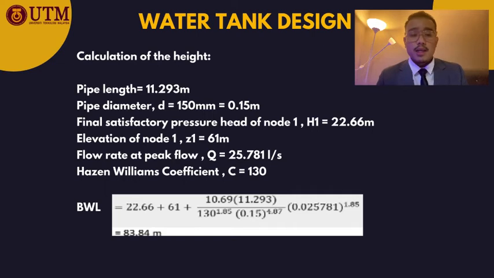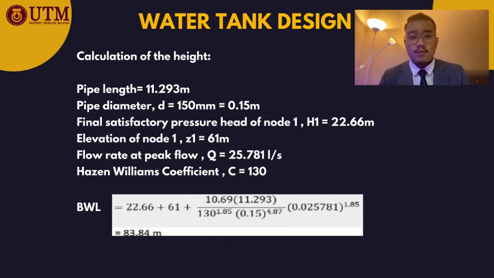Here is the calculation to get the bottom water level. The pipe length is 11.293 meter, the pipe diameter is 0.15 meter, the final satisfactory pressure head of node 1 is 22.66 meter, the elevation of node 1 is 61 meter, the flow rate at peak flow is 25.781 liter per second, and the Hazen-Williams coefficient is 130.